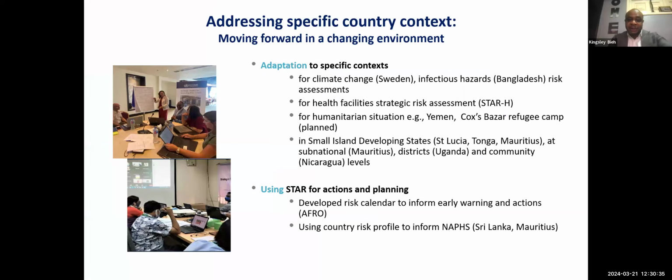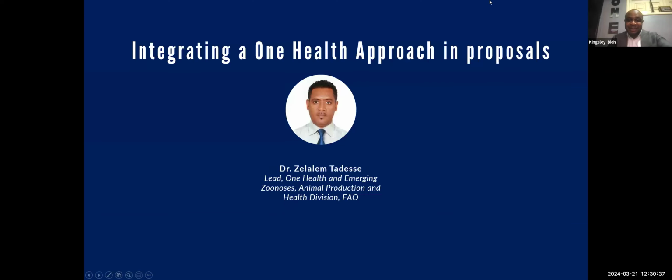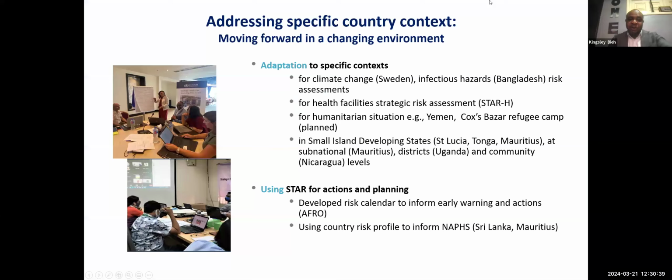Next slide, please. So here, I think this is my last slide, just showing some examples from STAR, where STAR is a very flexible approach and has been adapted to different contexts, like the climate change risk assessment that was just completed last year in Sweden. We also had an infectious hazard assessment in Bangladesh during the COVID-19 pandemic.